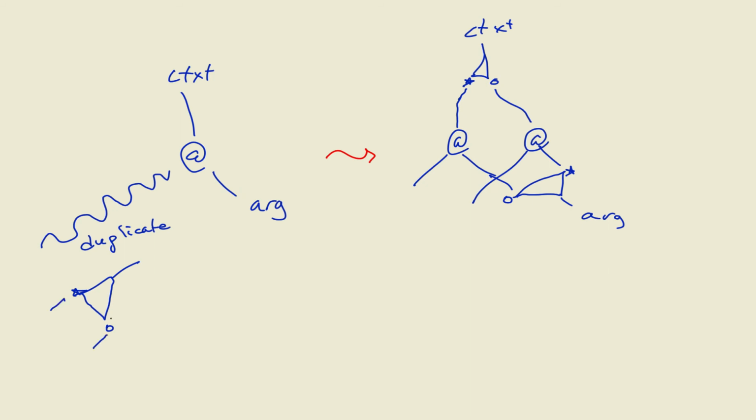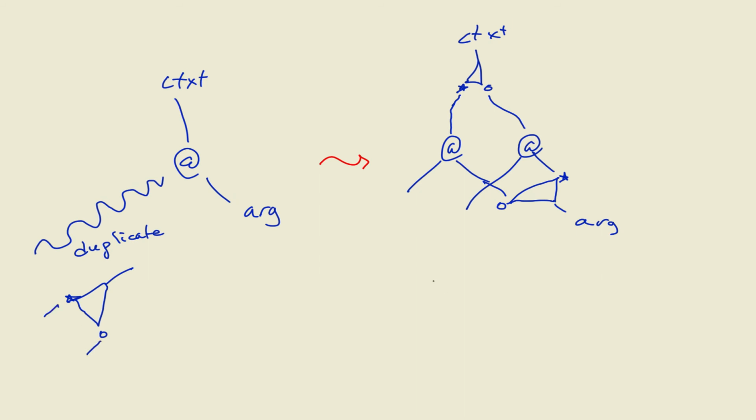The way I'm thinking of it is this duplicating wave, or duplicator, is moving this way, and it hits this application node, and it turns the corner down towards this argument, and it has to propagate up this way. So that's sort of what it's doing.